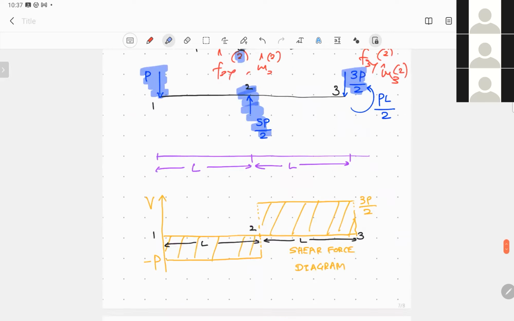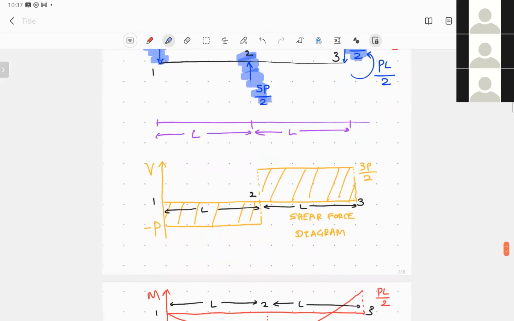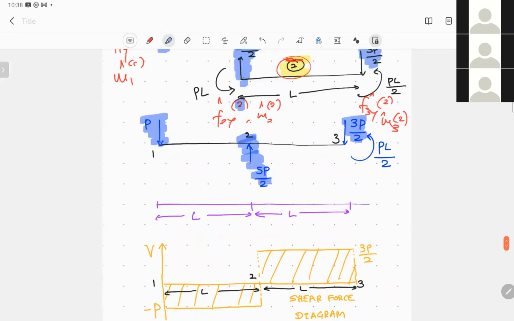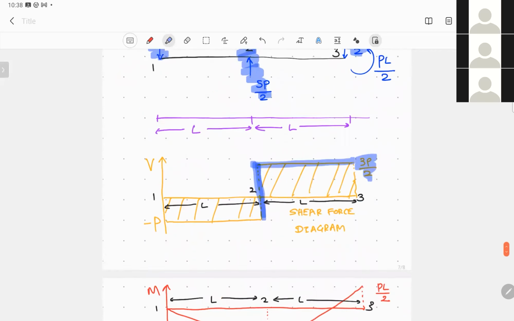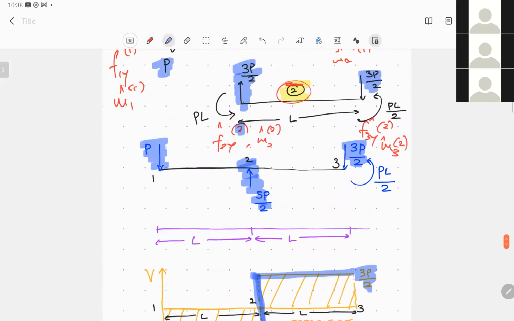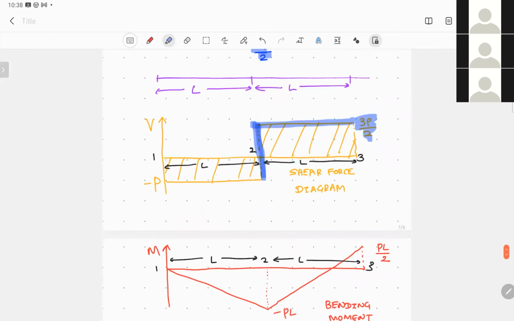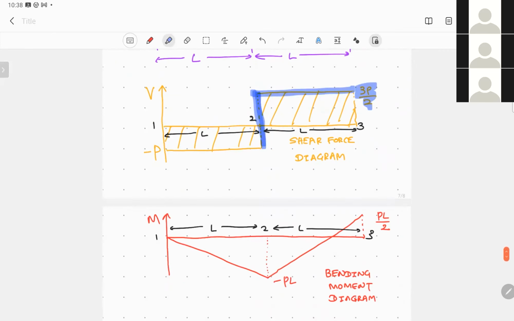Similarly, this is a shear force diagram. It starts from the minus P value and increases up to 5P by 2. And throughout the rest of the beam, the shear force would be 3P by 2 until the end at the third node, in the shear force diagram which I have drawn here.